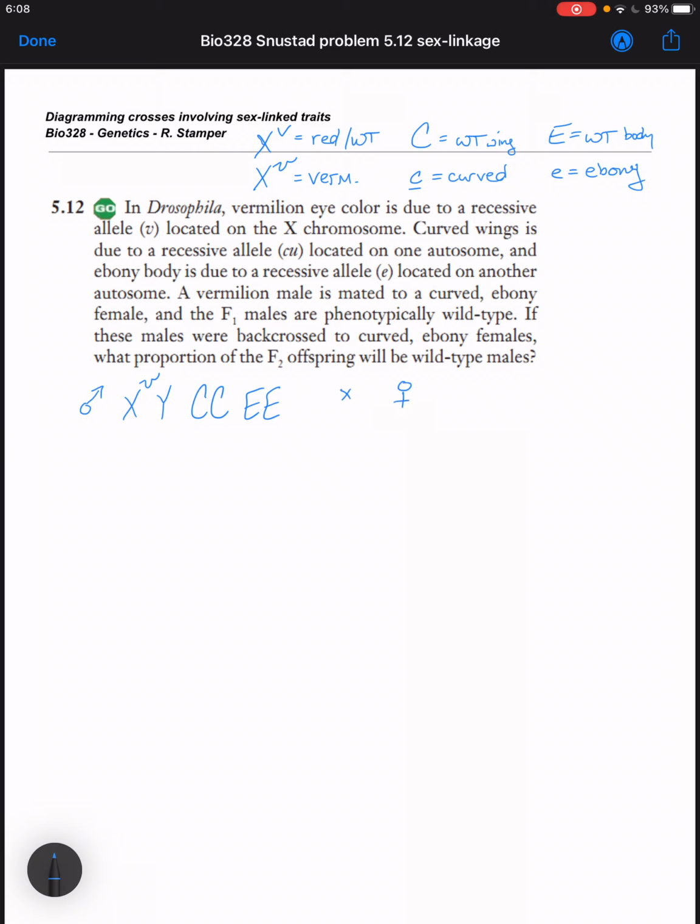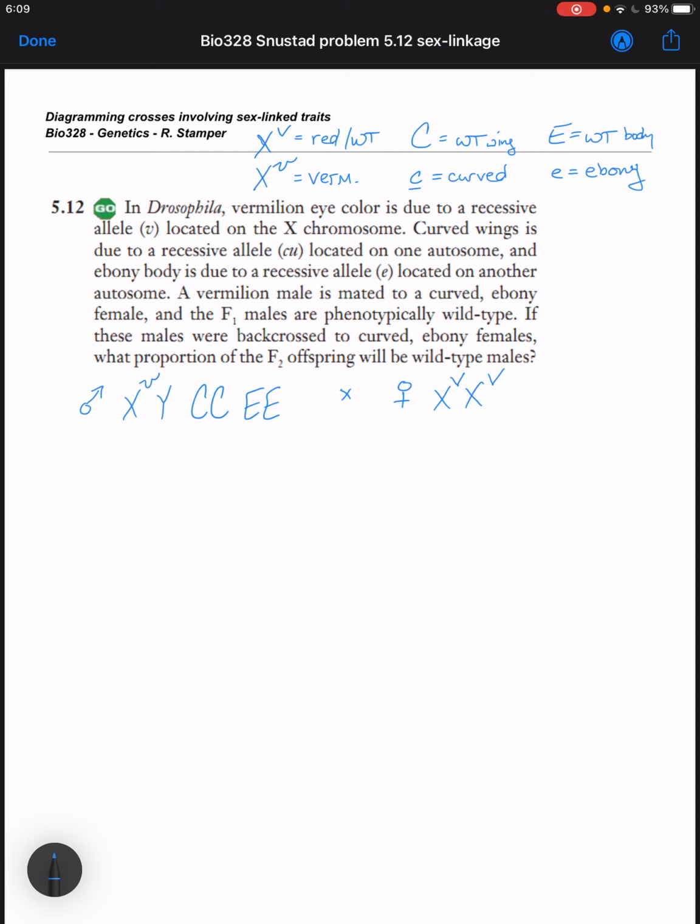Here's my female. They tell me she is a curved wing, ebony bodied female. So female would be XX in the fruit fly. We assume that she's true breeding normal here because we don't know anything else to contradict that. Remember, most of these crosses are going to be done with true breeding parents to minimize genetic diversity in those starting stocks.